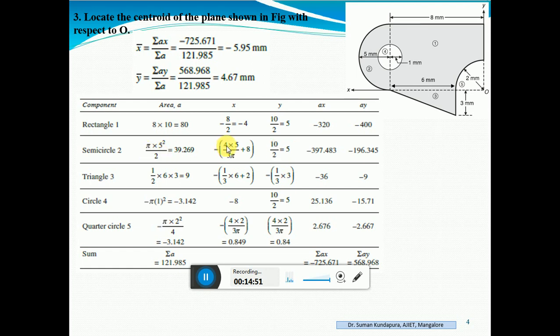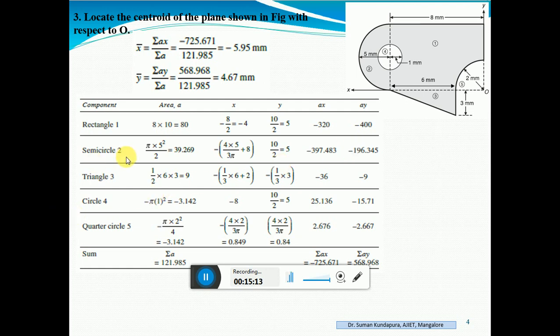So a into x, a into y, you get the value of ax and ay. This is positive, this is negative, and this is also positive over here. So it should have been positive here.